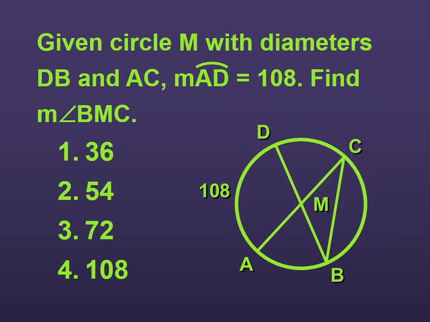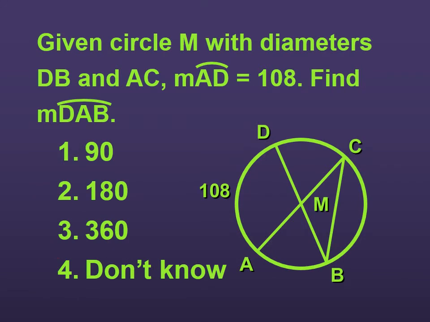And since central angle BMC is a vertical angle to angle DMA, and we know that DMA is the same as the arc DA, and that's 108. Vertical angles are the same measure, so our answer would be option 4, 108.